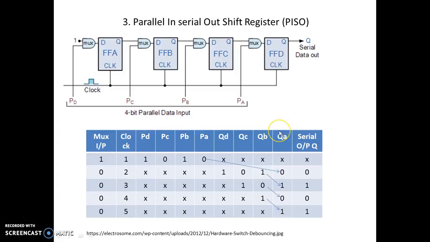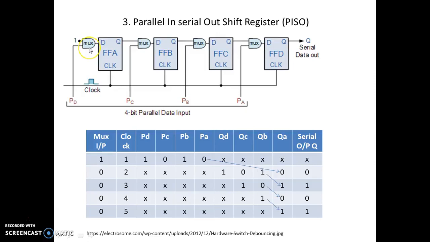The next is the parallel in serial out shift register. Here data is inserted parallelly. So a 2 to 1 mux is connected to the input of every flip-flop. Initially the mux is arranged such that the lower inputs are enabled, so they are available at the D of every flip-flop, and after 1 clock pulse all the data are shifted inside and stored there.